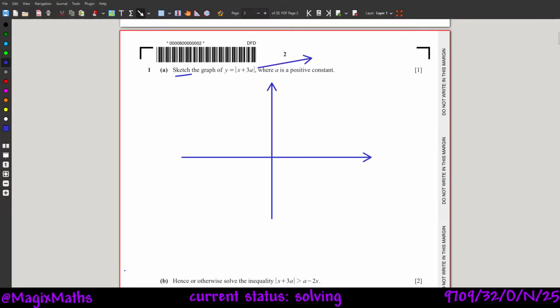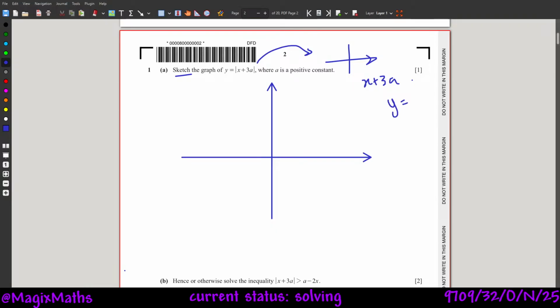So first let's try sketching the graph of y equals x plus 3a without the absolute value. So it'll look something like this. Let's sketch the graph of y equals x plus 3a.